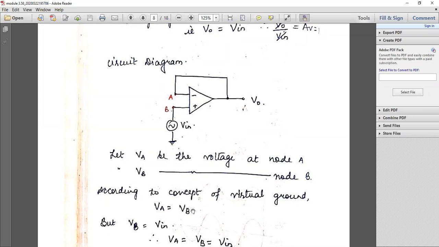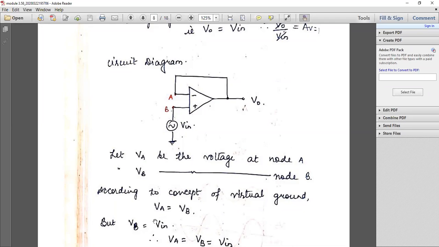The two input voltages appearing at the two terminals of the operational amplifier, inverting and non-inverting, will always be tried to be maintained equal. That is the key concept. So VB equal to V in here. So here it is written VB equal to V in.